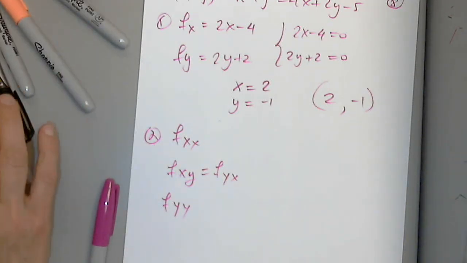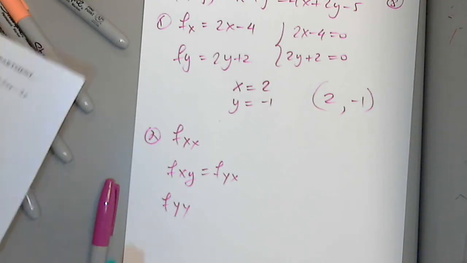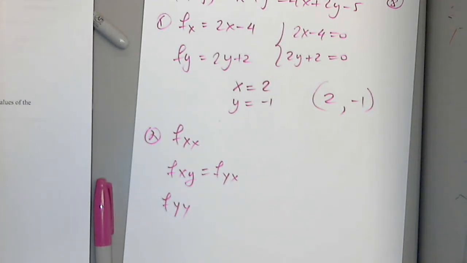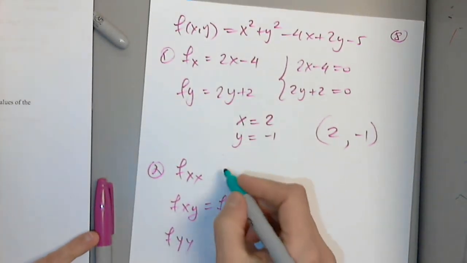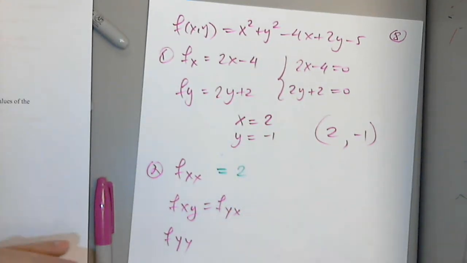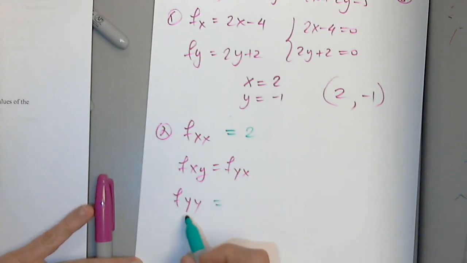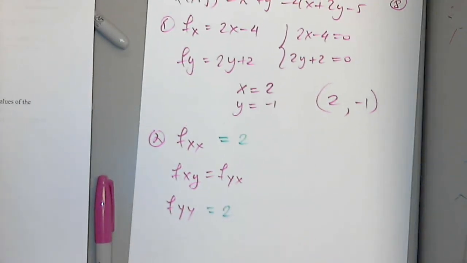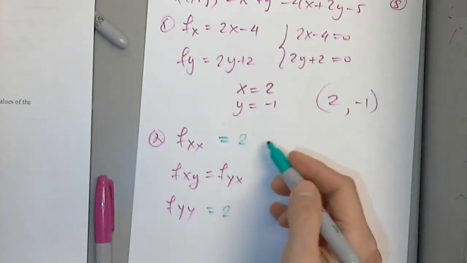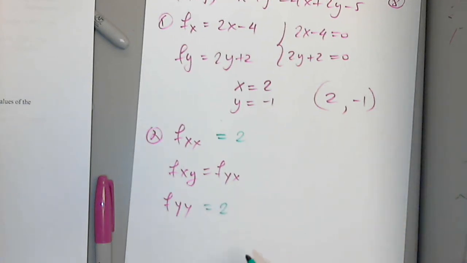And then we will have to evaluate these three at 2, -1. Can anyone give us fxx? 2, and there is nothing to evaluate. There is nothing I can plug in. Can anyone give us fyy? 2. Same thing, there is nothing I can plug in. If I have 2x, yeah, I'll plug in 2. If I have 2y, I'll plug in -1.